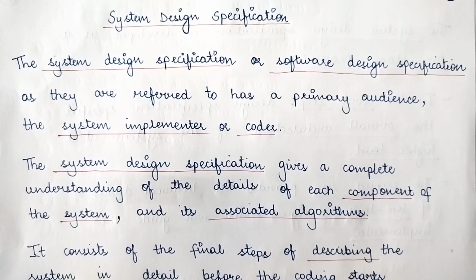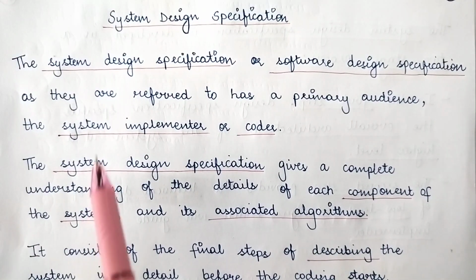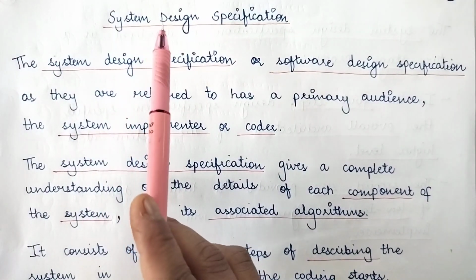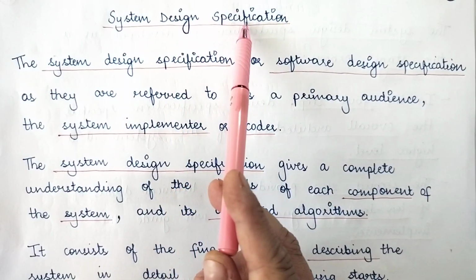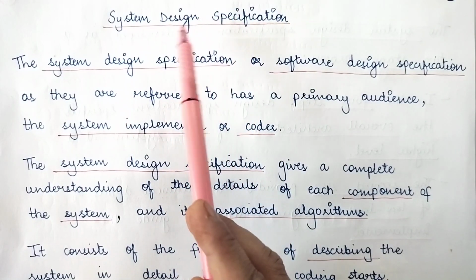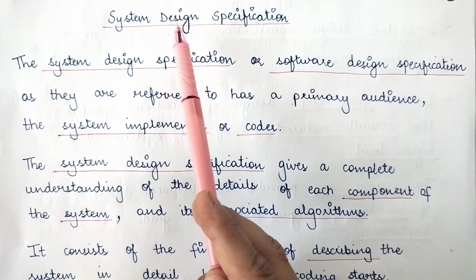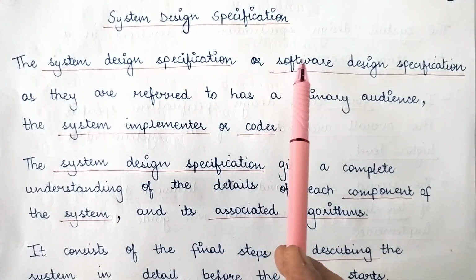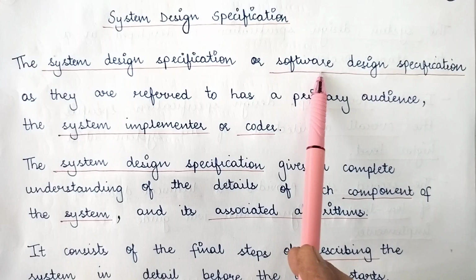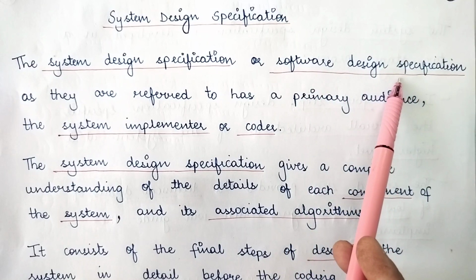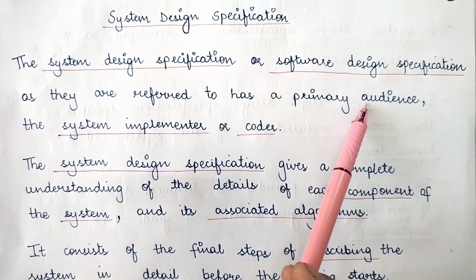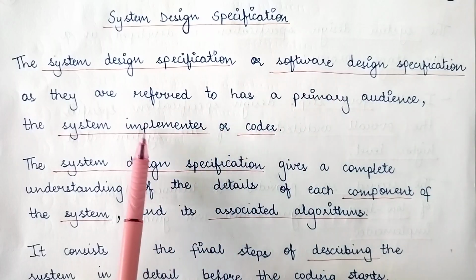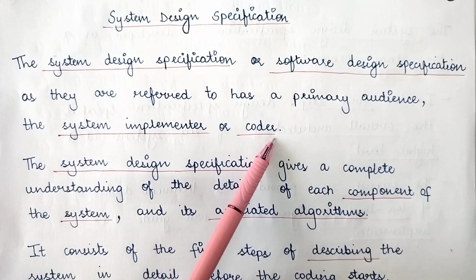Hi everyone, in today's video we are going to study another kind of document, that is system design specification. Now this document, which is known by the name of system design specification or also software design specification, has a primary audience, that is the system implementer or coder.